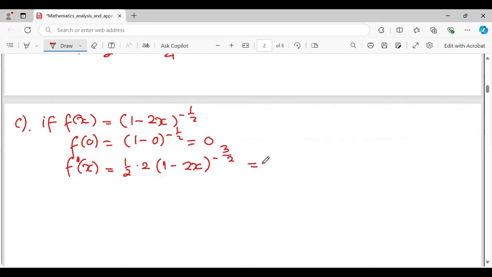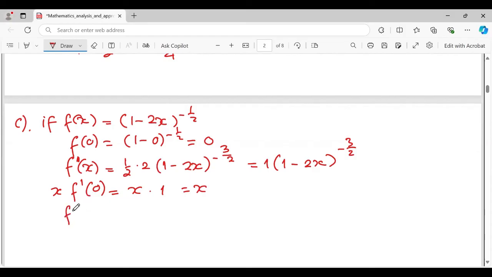It equals 1 times (1 minus 2x) to the power minus 3 half. And according to the Maclaurin series, x times the first derivative at 0. So x times this is 1, so it equals x.